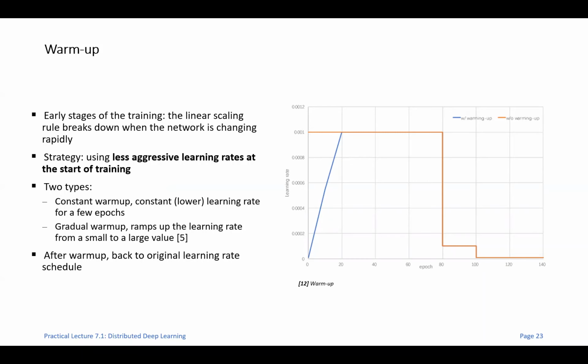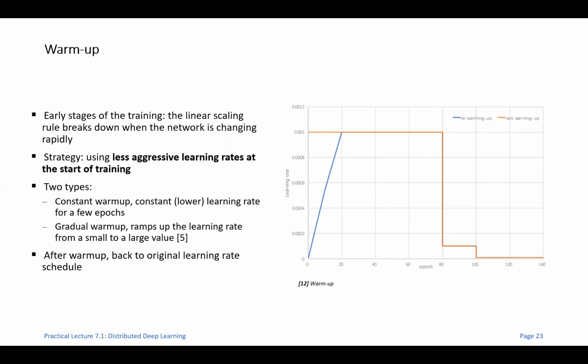I told you that initialization of the weights is very important. Random initialization is very important. But also when you scale to multiple GPUs and use a larger learning rate compared to the case where you have a small batch size on a single GPU, this explosion becomes even more problematic because you're using larger learning rates.